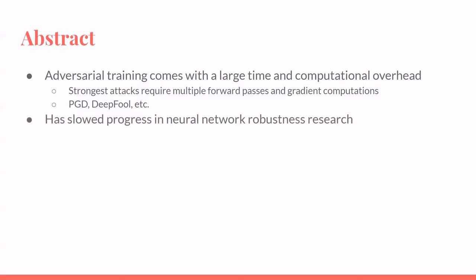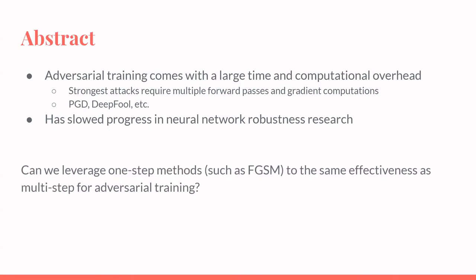This time and computational overhead has slowed progress in neural network robustness research. So to combat this, the authors of this work asked the question, can we leverage one-step methods, such as FGSM, to the same effectiveness as multi-step methods, such as PGD, for adversarial training?